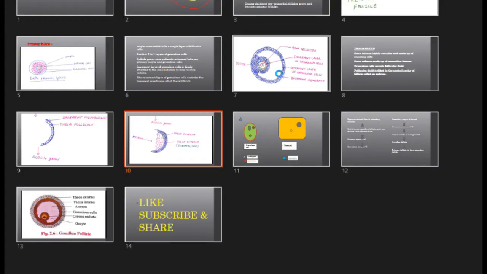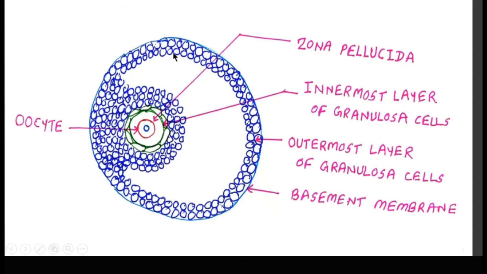You can see in this figure again. These are the granulosa cells, and these are also the granulosa cells. These are the granulosa cells surrounding the ovum, and these granulosa cells encircle the basement membrane. Just look at this point.